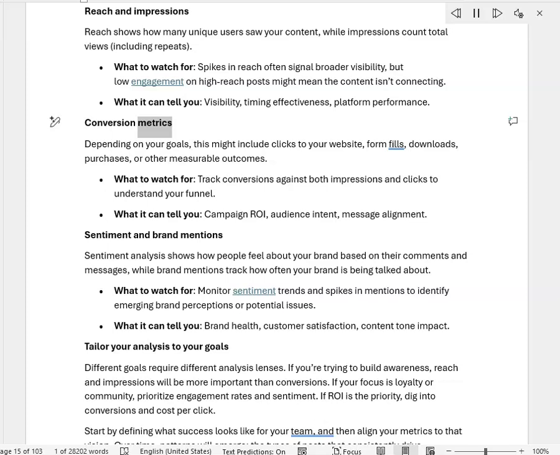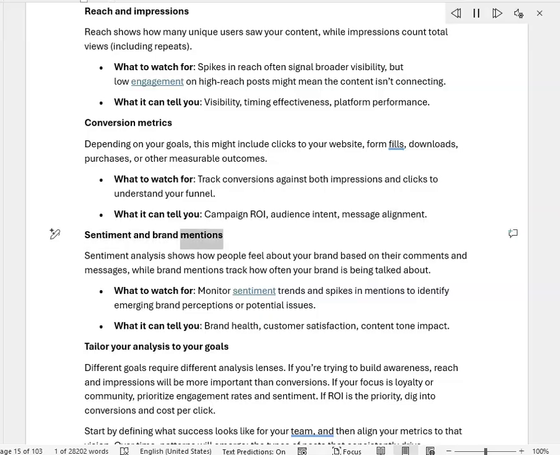Conversion metrics. Depending on your goals, this might include clicks to your website, form fills, downloads, purchases, or other measurable outcomes. What to watch for: track conversions against both impressions and clicks to understand your funnel. What it can tell you: campaign ROI, audience intent, message alignment.